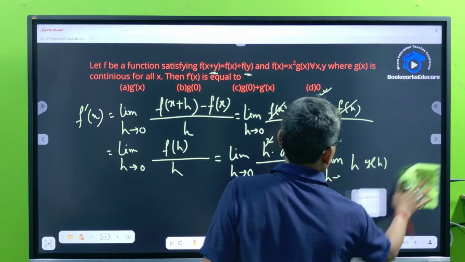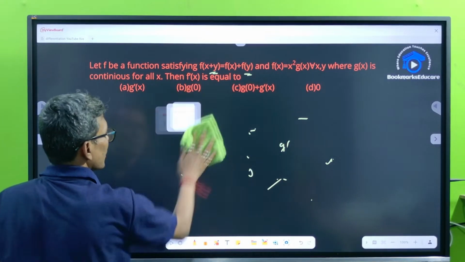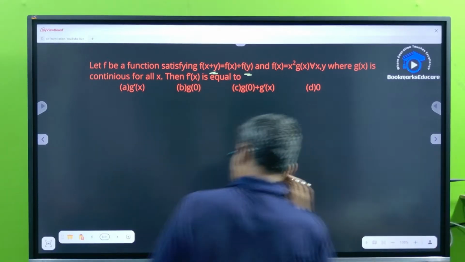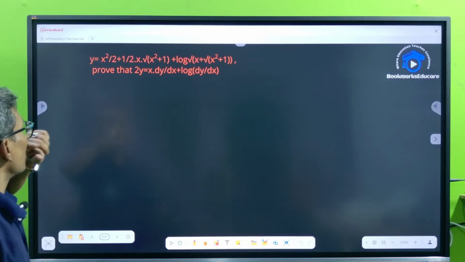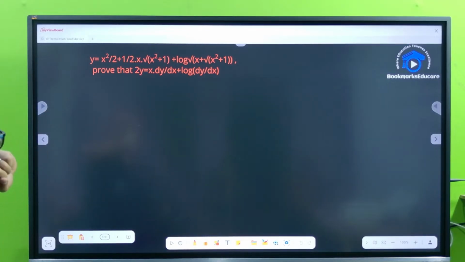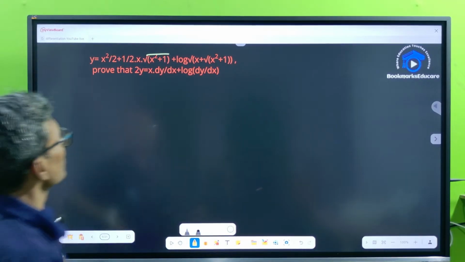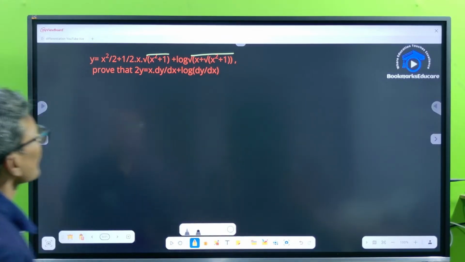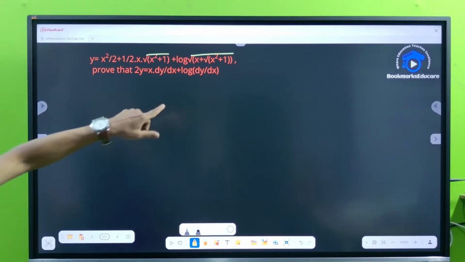So another next sum is: y is equal to x square by 2 plus 1 by 2 into x into root over of x square plus 1 plus 1 into log of root over of x plus root over of x square plus 1.